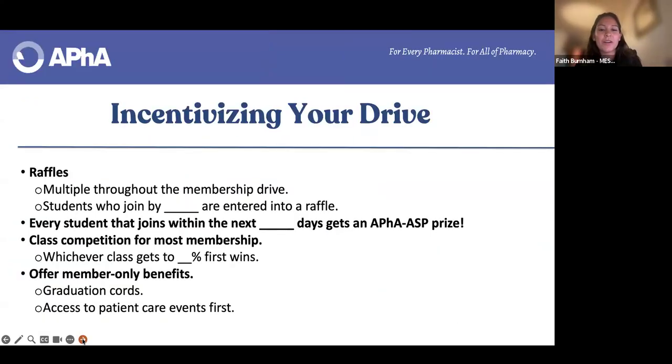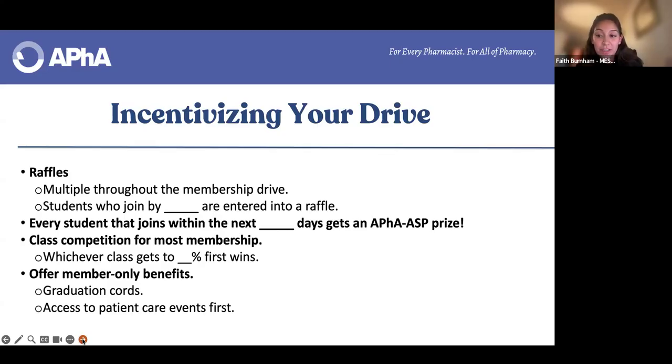Raffles. Okay, y'all gave some really good ideas, but we also have some ideas for y'all. A lot of y'all have done raffles, so you could do multiple of them throughout the membership drive. Students who join by September 1st or September 15th are entered into a raffle to win a prize. Another: every student that joins within the next 5 days, 3 days, or a week gets entered into a drawing for a prize.